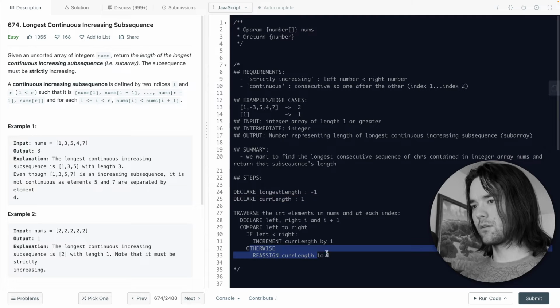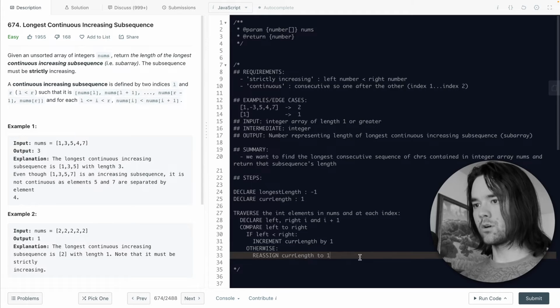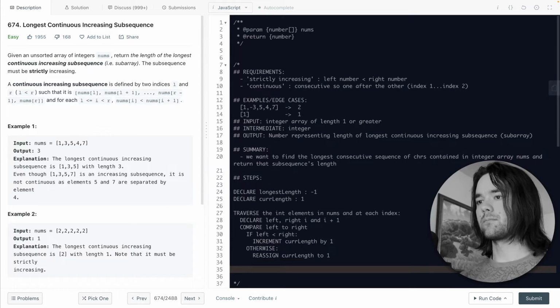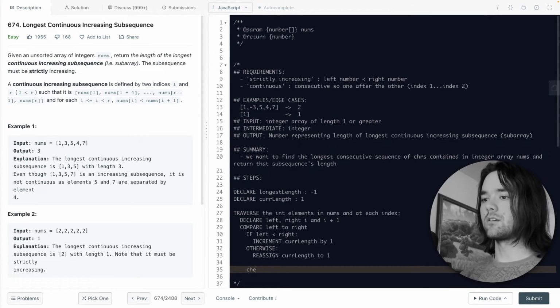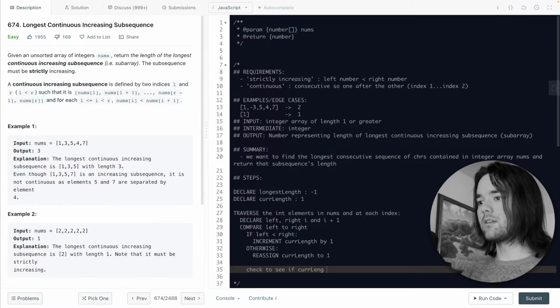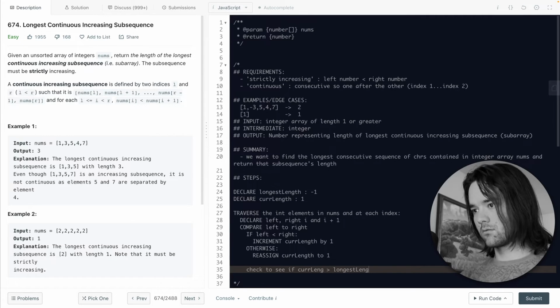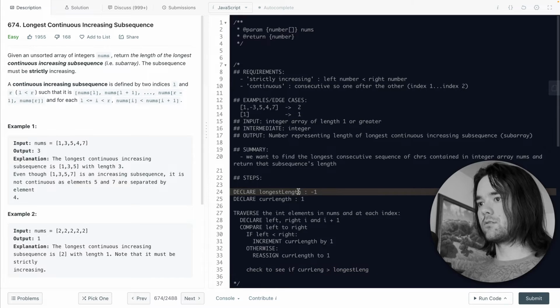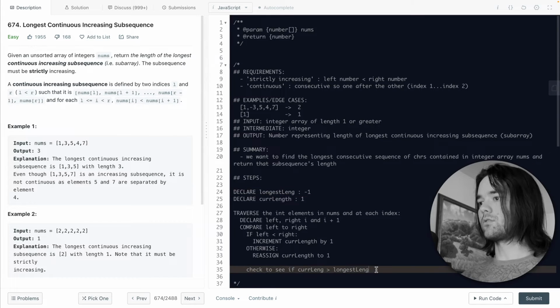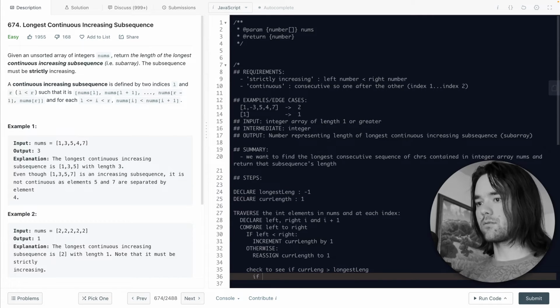Okay, so we've got that going. Reassign current to 1, and then during every iteration, we want to check to see if current length is greater than longest length. And if it is, then we want to reassign longest length.